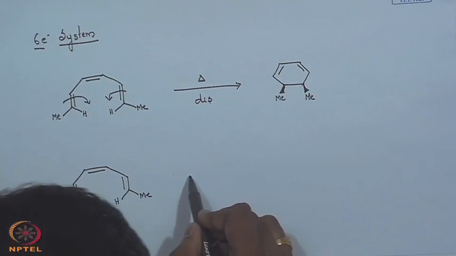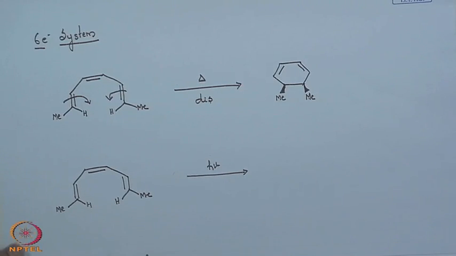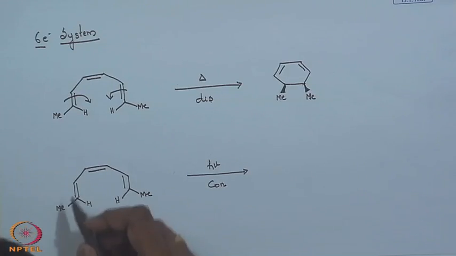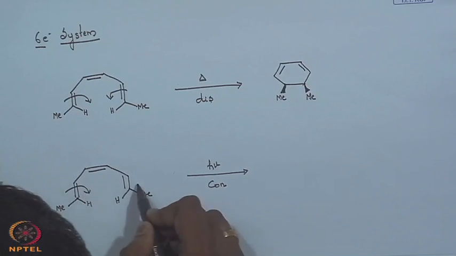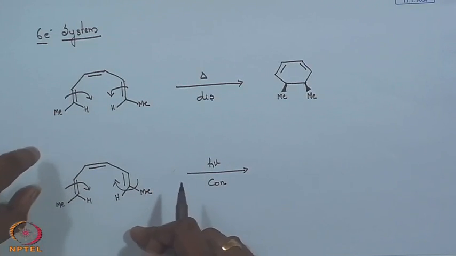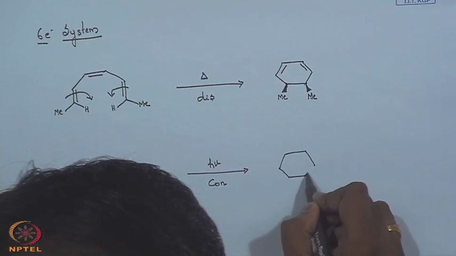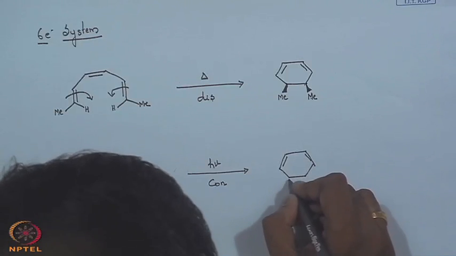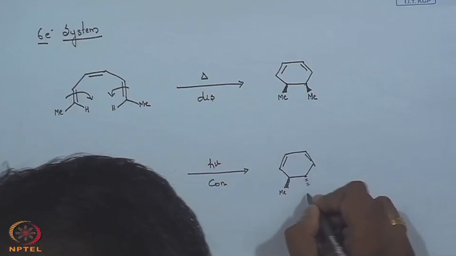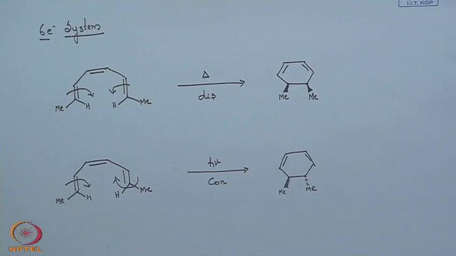Now, if I take this triene and photolyze it, what does the rule say? Yes, it should be con. So, one methyl will be up, in this case methyl will be down. So, in one case I have methyl up, methyl down. That is how it is.